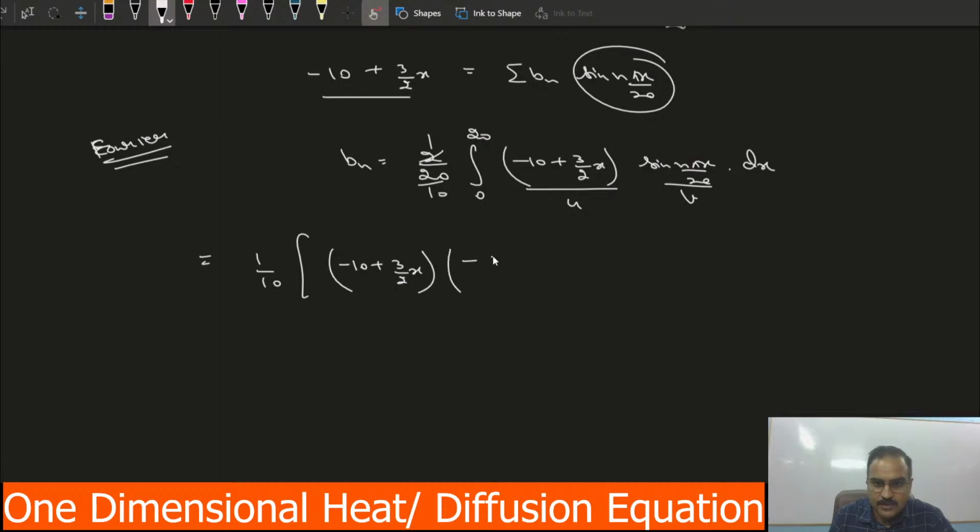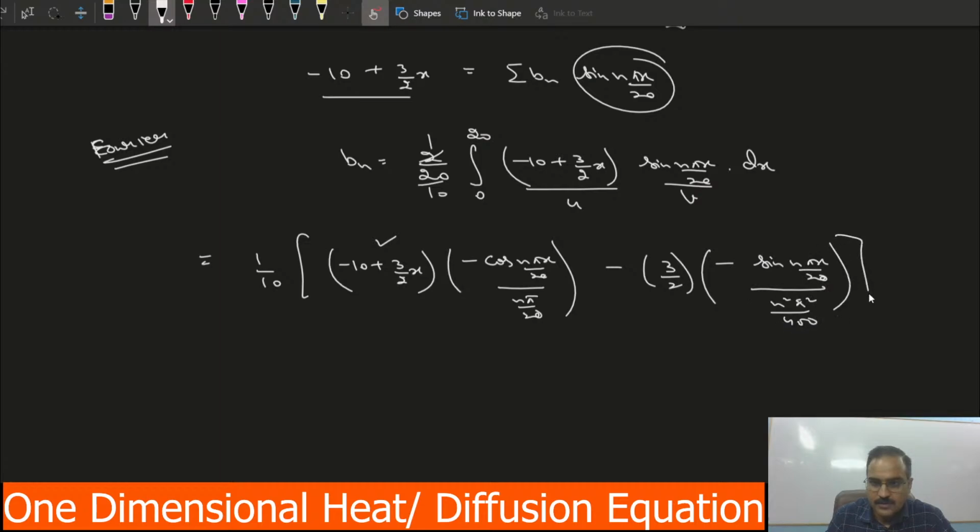Integral of sine will be minus cos of n pi x by 20 divided by n pi by 20. Minus, now derivative of this one. Derivative of minus 10 will be 0 and derivative of 3 by 2x will be 3 by 2. Now integration of this one, minus as it is, cos will have integral sine of n pi x by 20 over n square pi square over 400. Next derivative of 3 by 2 will be 0, so no need to write that part.